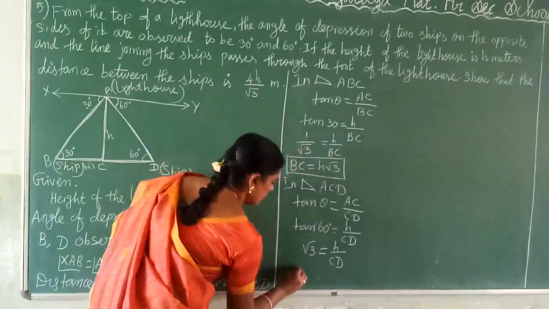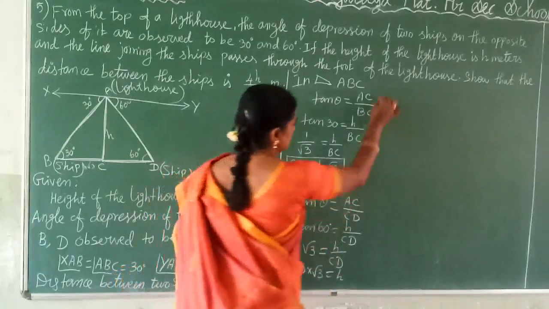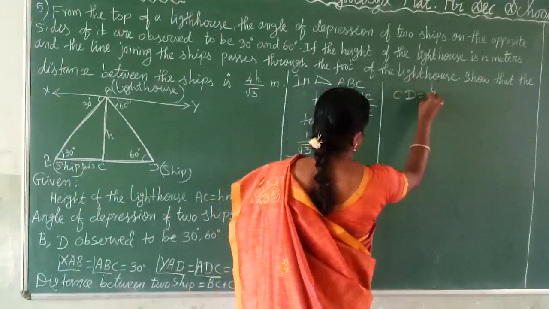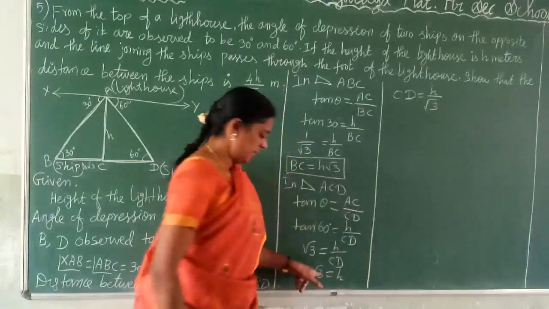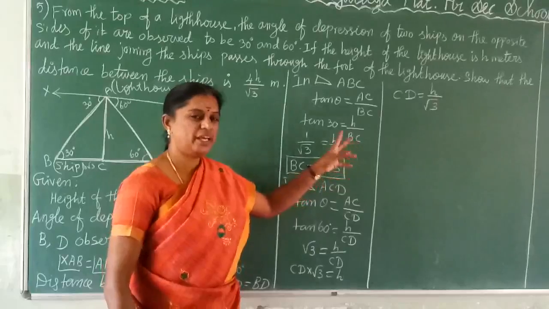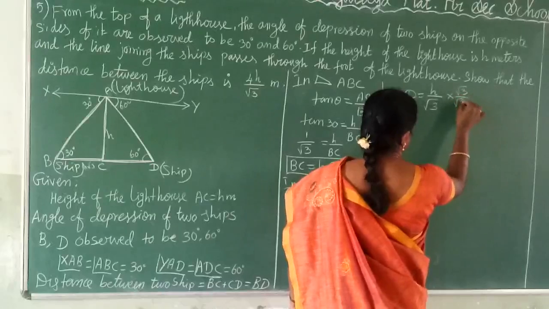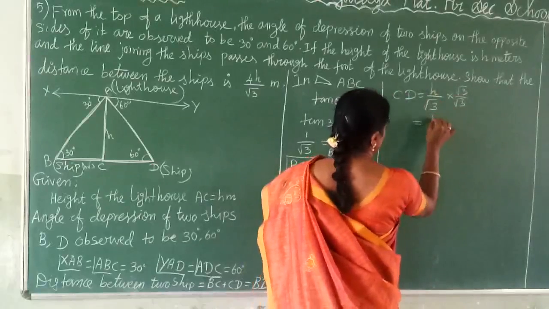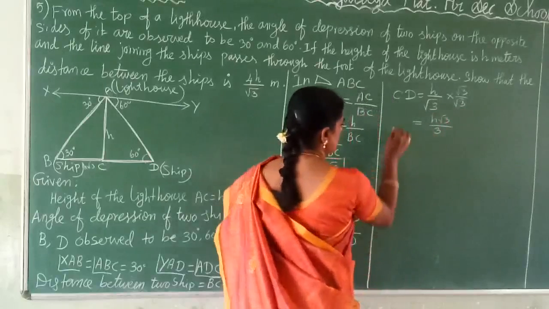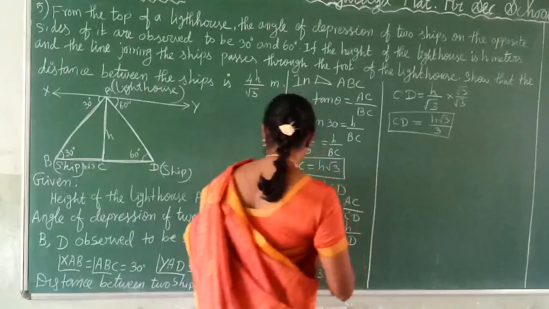Cross multiply: CD into root 3 equals h. Next, CD equals h by root 3; the multiplication goes to the opposite side as division. This is an irrational number, so use a rationalizing factor: root 3 by root 3. What is h root 3 by root 3 into root 3? It is 3. So the CD answer is h root 3 by 3.